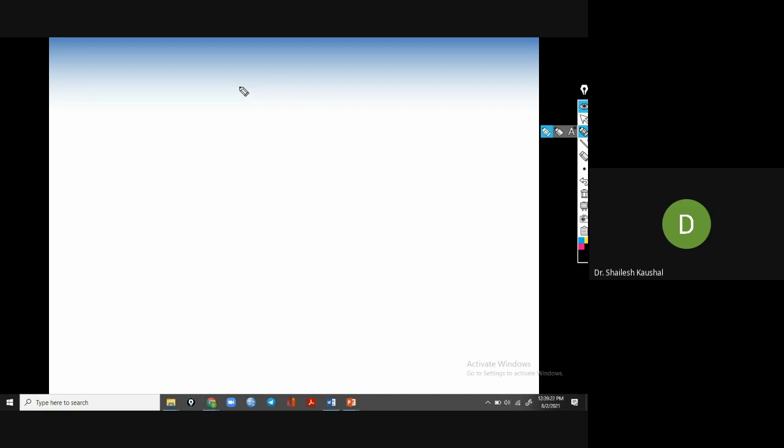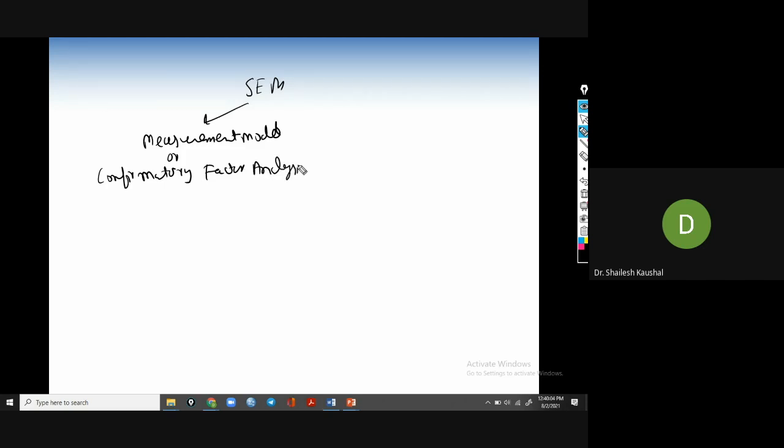Basically, there are two things in SEM. One is the measurement model, which is also called confirmatory factor analysis.